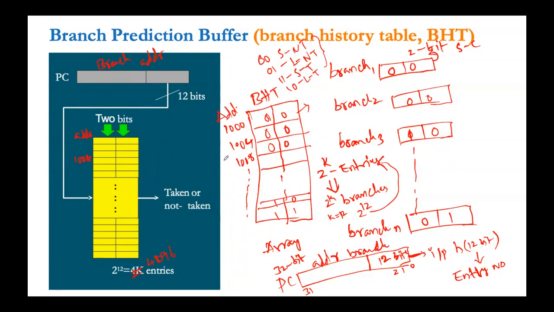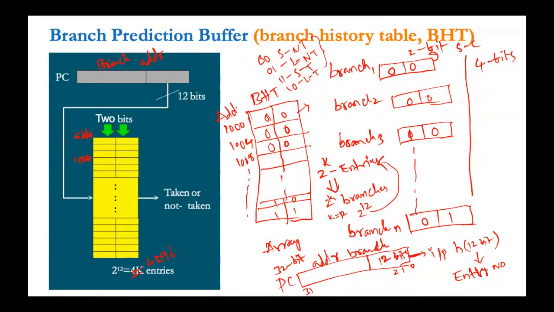Okay, so now let me ask: suppose the lower 4 bits are taken from the program counter to map the address of your branch history table, then what is the number of entries?